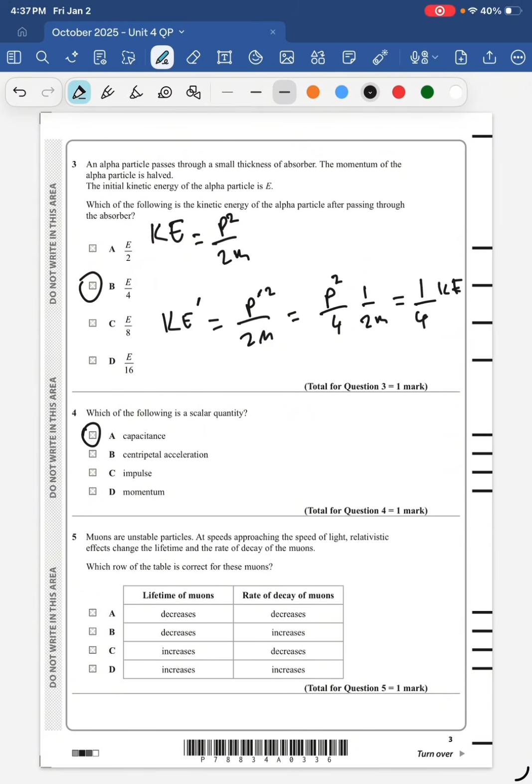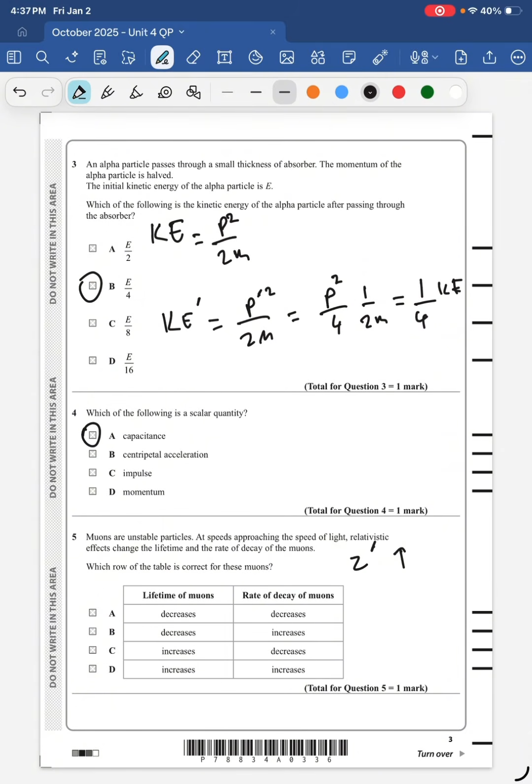Muons are unstable particles. At speeds approaching the speed of light, relativistic effects change the lifetime and the rate of decay of the muons. Which row of the table is correct for these muons? At relativistic speeds, we have time dilation. Therefore the lifetime, let's call it t prime, increases.